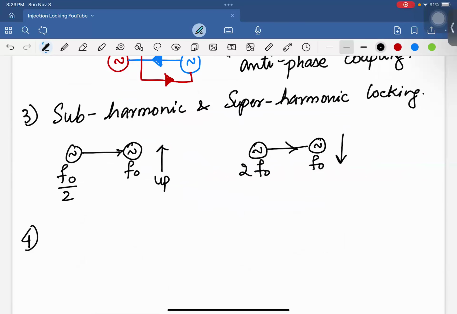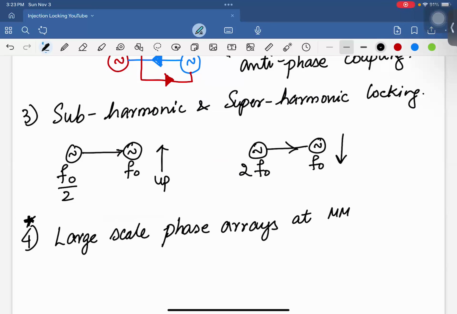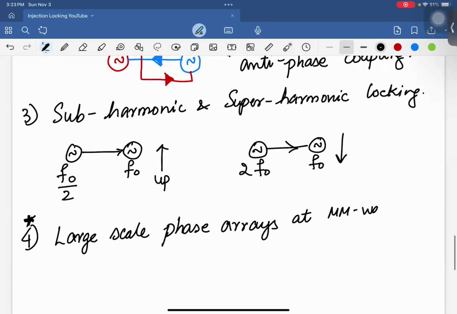You can do, so this is more on the research side of things. So where injection locking is being used today. There are some new ideas on using injection locking for large scale phased arrays, both at millimeter wave and for wireless power transfer.